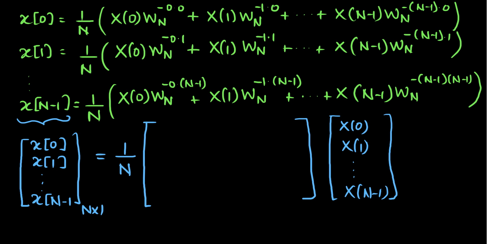Now in order to get x of 0, the Twiddle factors that we have are like this. So these are to be arranged in the first row.